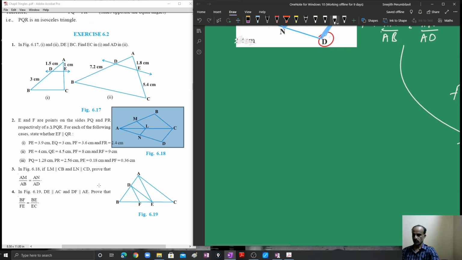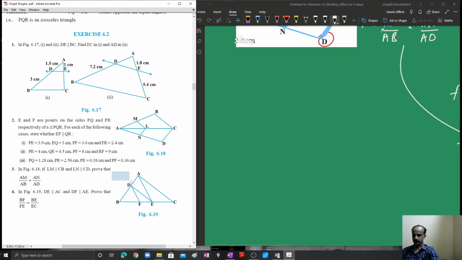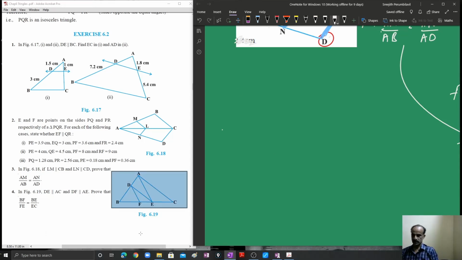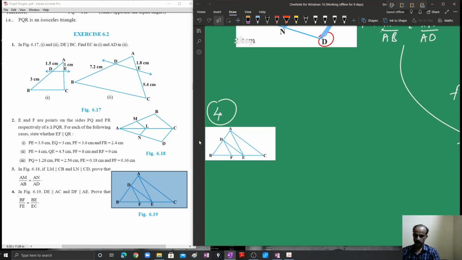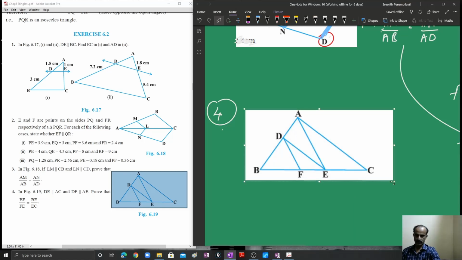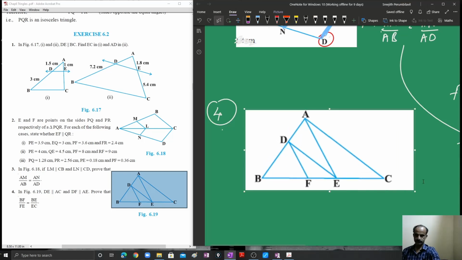In 6.19, this is the figure. Question 6.19, question number 4. In this figure, a larger figure, what is given?